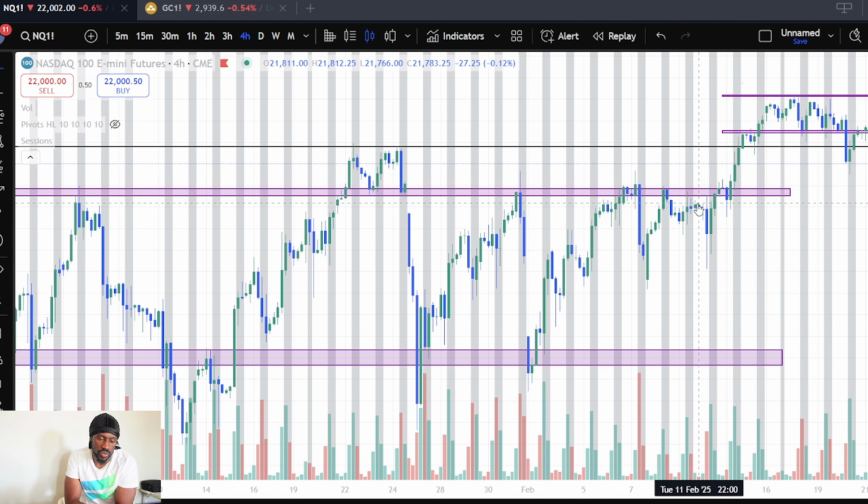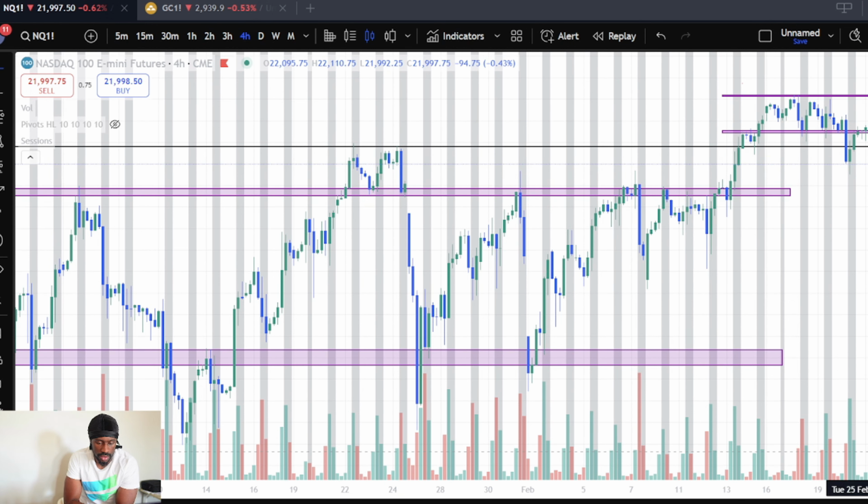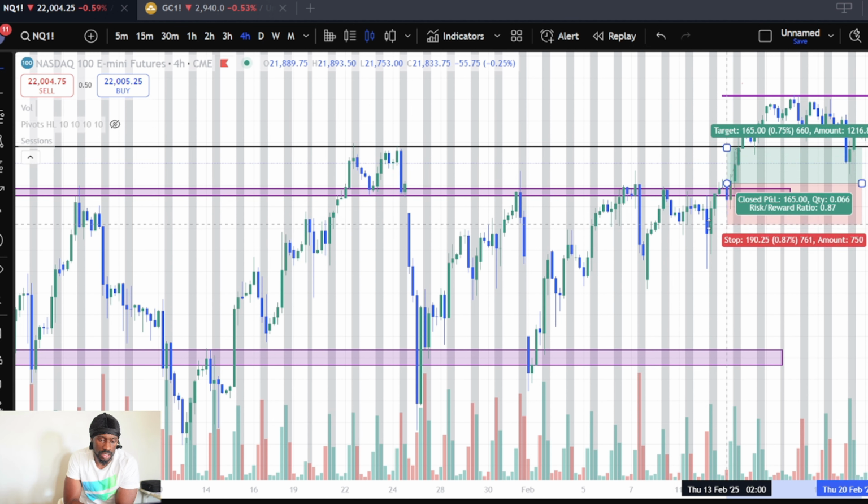Because we trade in session, break up, we get the breakout above here, target these highs. Our lows would have been down here.